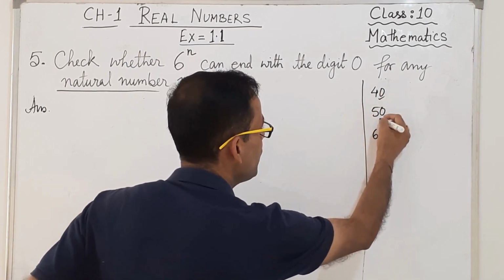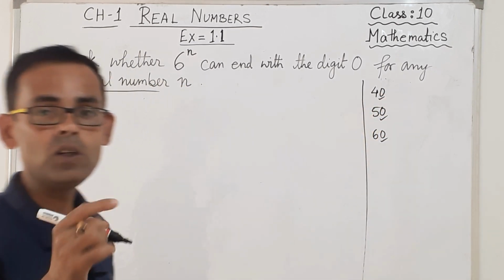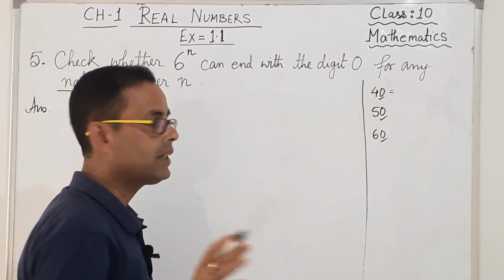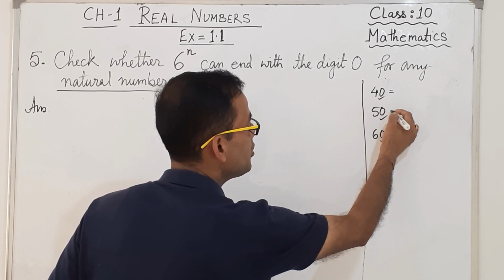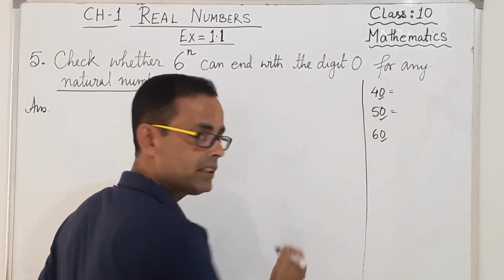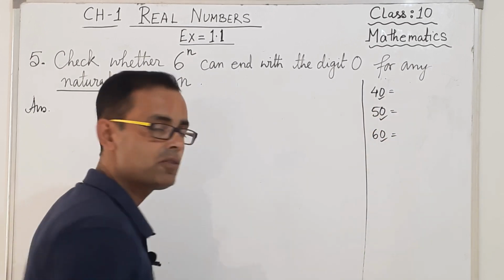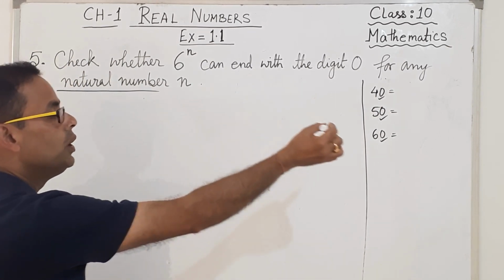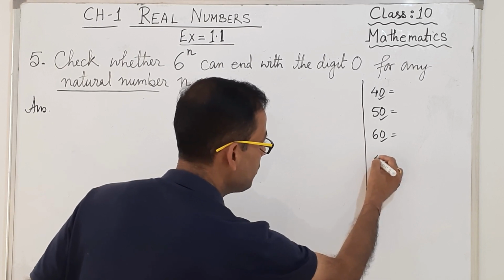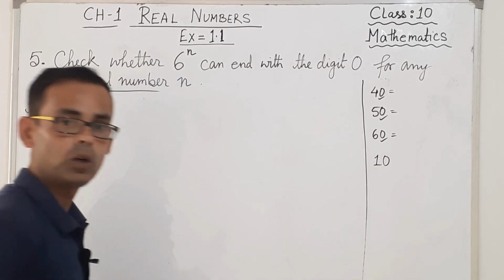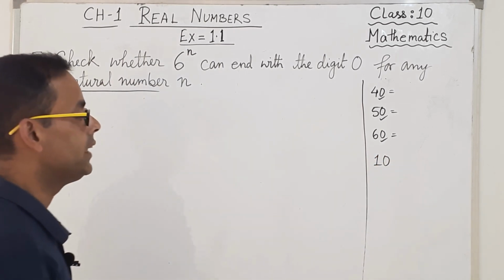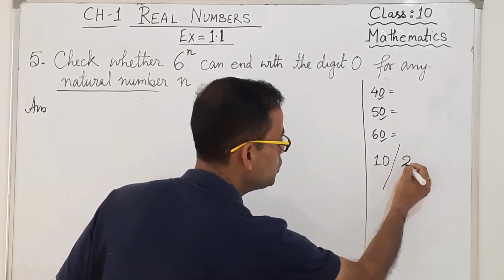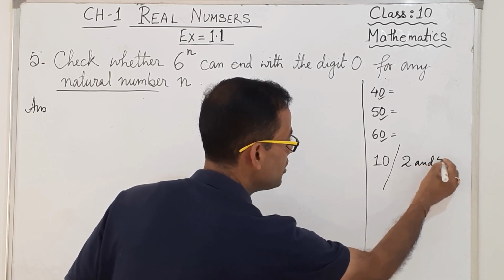So if it ends with 0, then it should be divisible by 10, or it must be divisible by 2 and 5 also.